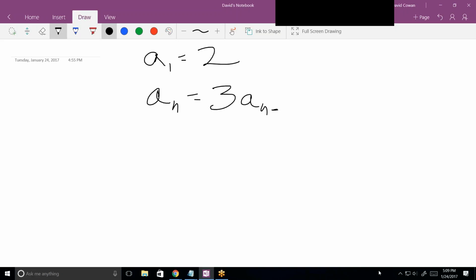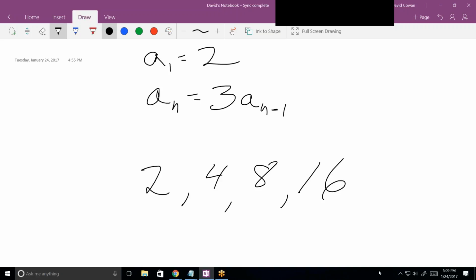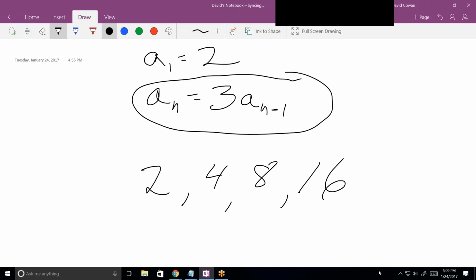With geometric sequences, every number is separated by the same multiplier. In other words, 2, 4, 8, 16 is a geometric sequence. Every term is 2 times the previous term. What does this tell you? They're saying any term is 3 times the previous term.